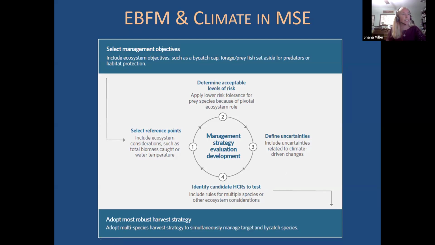So these are different ways you can factor in ecosystem considerations to your harvest strategy, and you might even adopt a harvest strategy that is multi-species for target and bycatch species. And for tunas, we see that being done for tropical tunas because bigeye, yellowfin, and skipjack are often caught together in the same fisheries.